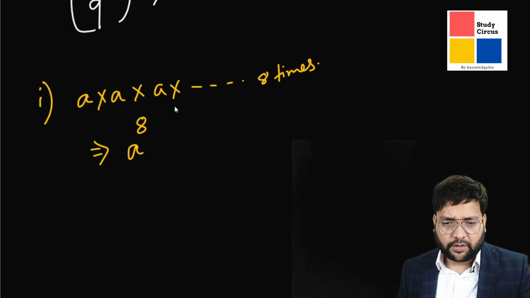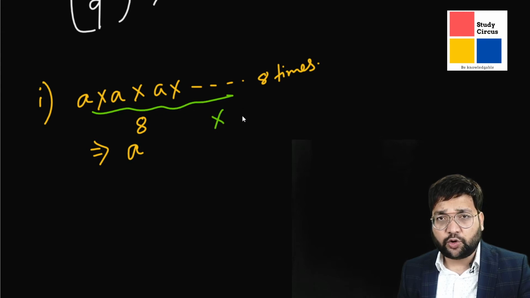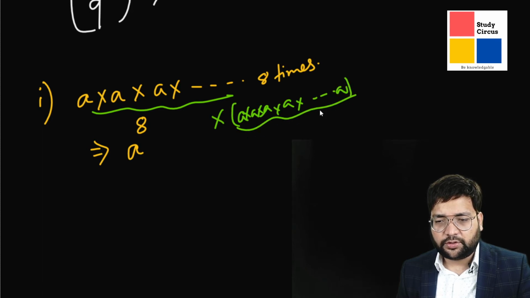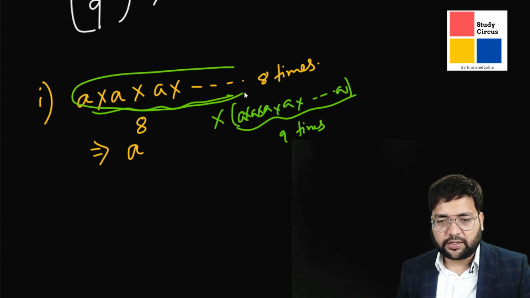Now this number, if I multiply by, let's say, 9 more a's, a into a into a, 9 times. This was 8 times.